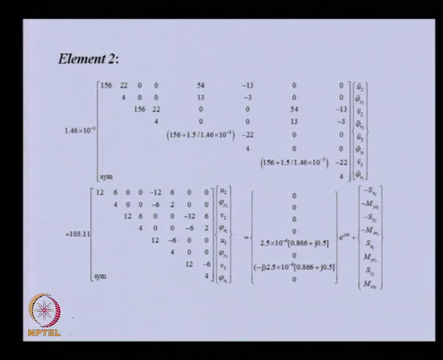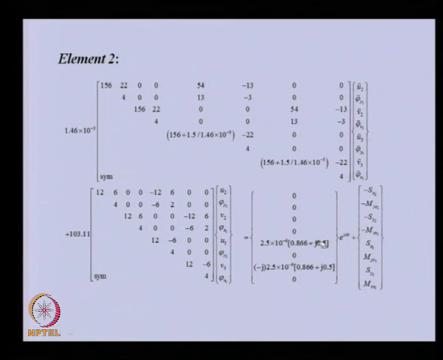Similarly, we can write for element 2. In this element 2, we have considered the disk. You can see the disk mass is also appearing. Diametral mass moment of inertia of the disk we have not considered, and the stiffness matrix. This is the reaction force and torque, but now you can see this is the unbalanced force.